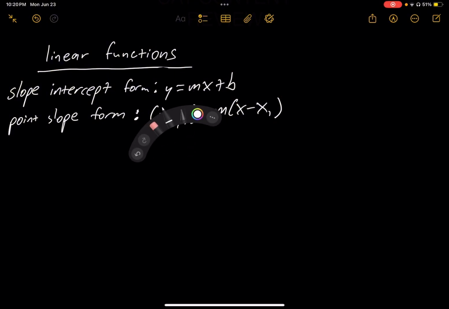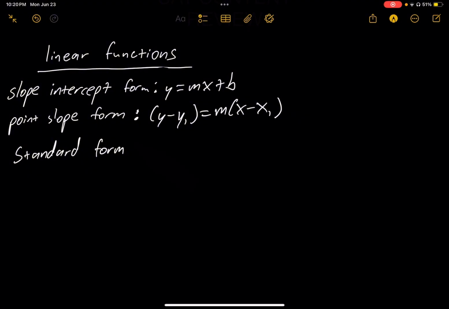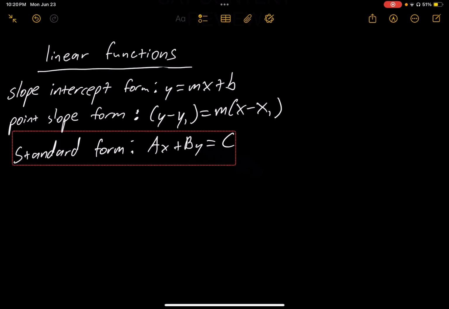And then looking at our next one, we have the formula of our standard form of a line, which is ax plus by is equal to c. C is a constant value, b is a constant value, a is a constant value, and they're just the coefficients of each one.